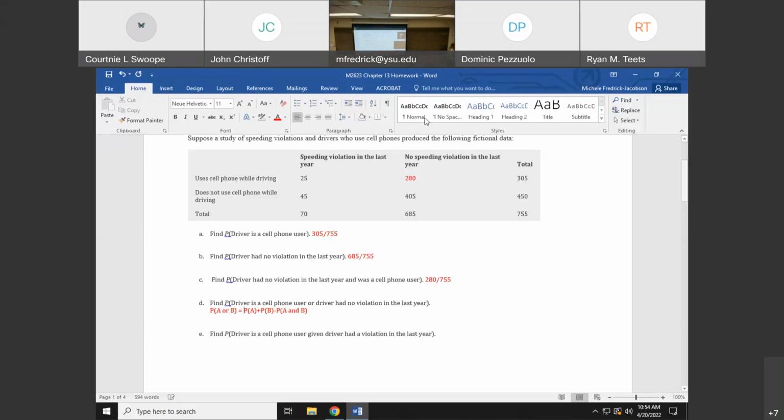So it is a formula you do want to know. You'll definitely see it on the in-class part of the final.